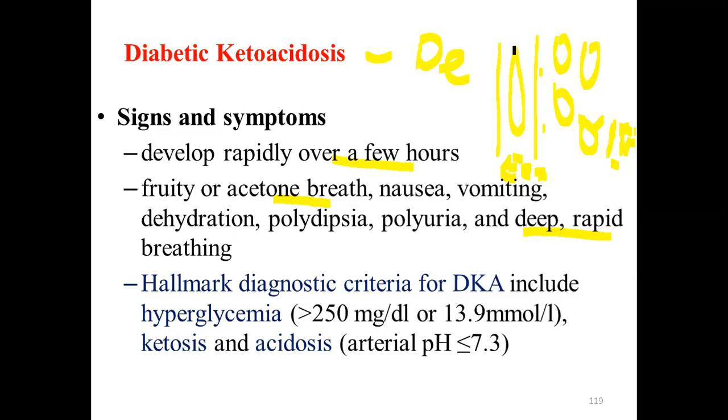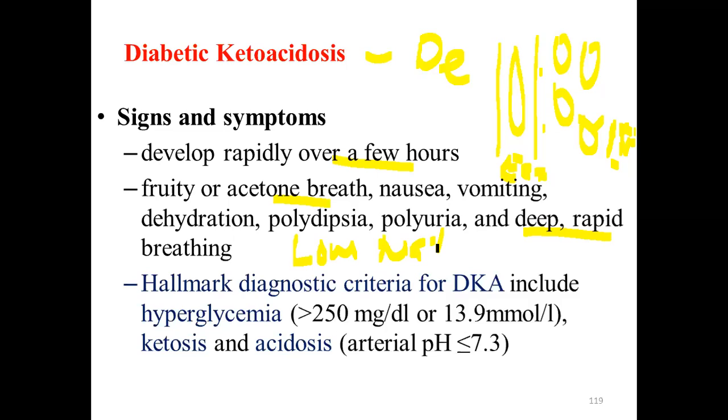But remember, when there is a water shift from the cell to the extracellular environment, there is dilution of sodium. So this ultimately causes hyponatremia, or low level of sodium. In case of DKA, a low level of sodium is a common finding.